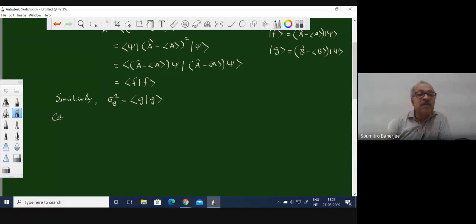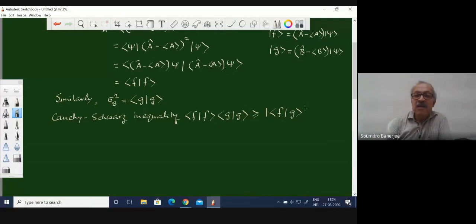If you recall, it was the inner product of F with F times the inner product of G with G is greater than or equal to the mod square of the inner product of F and G. I have not really proved the Cauchy-Schwarz inequality.